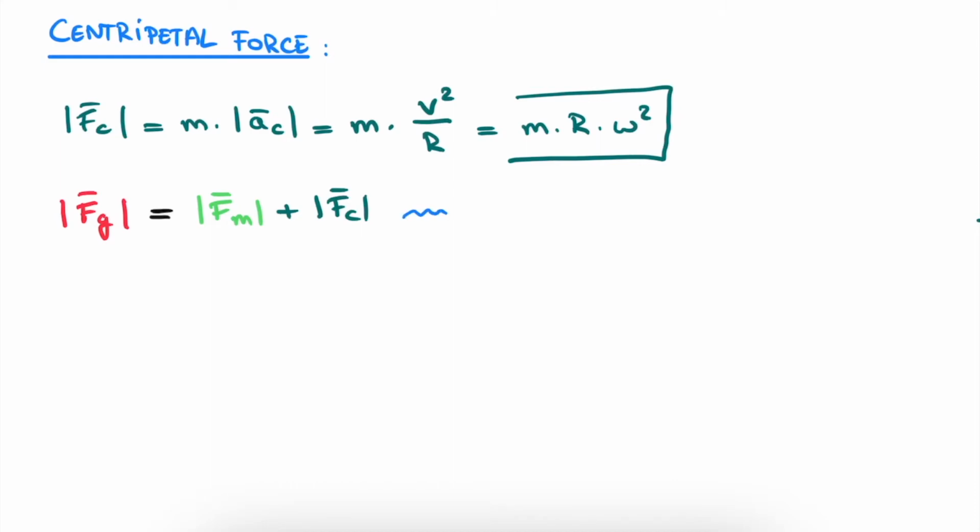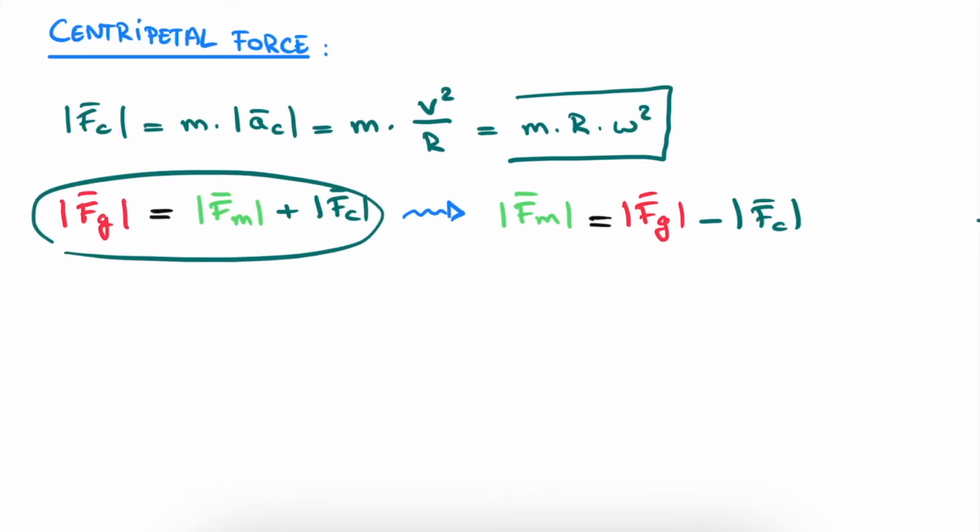Now, most of you are probably more familiar with fictitious forces, which would say that the force that we measure on the surface of the Earth is equal to the magnitude of the gravitational force, which is due to the mass of the Earth, minus the centripetal force, F_c, which is basically just a rearrangement of these three terms right here.